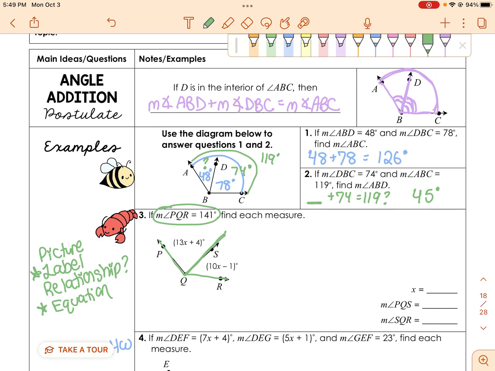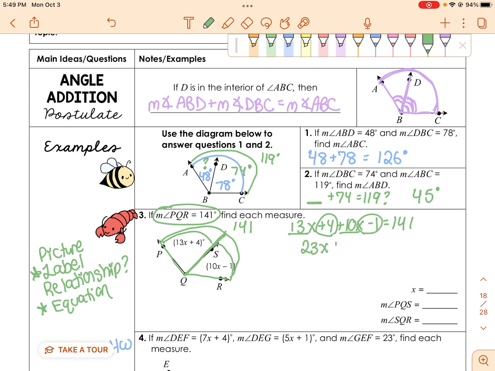And then you can go write your equation. So here this whole thing is 141. So our equation for this one is simply going to be adding them together to 141. Because we can see this plus this equals the whole thing. So 13x plus 4 plus 10x minus 1 equals 141.